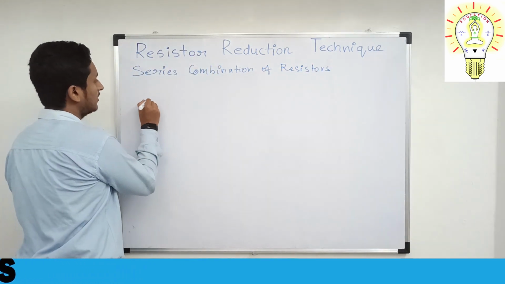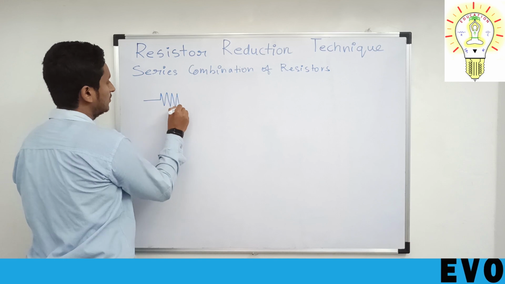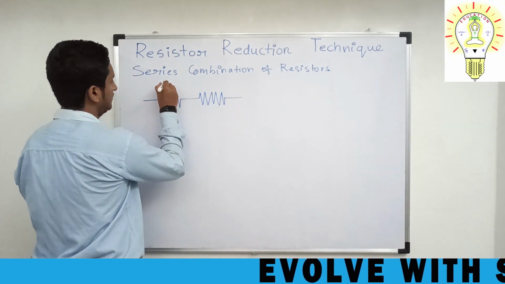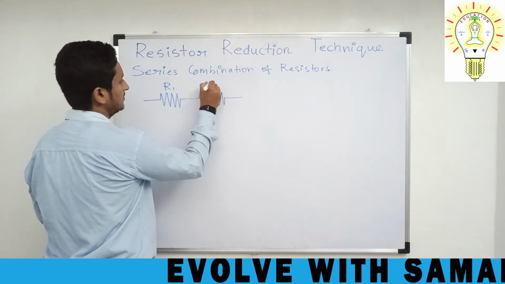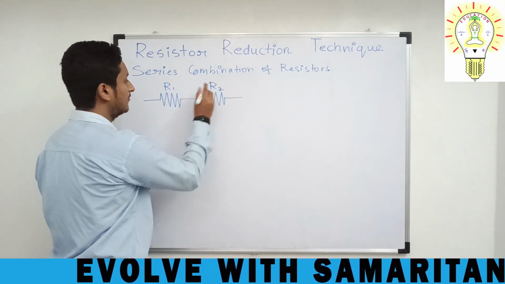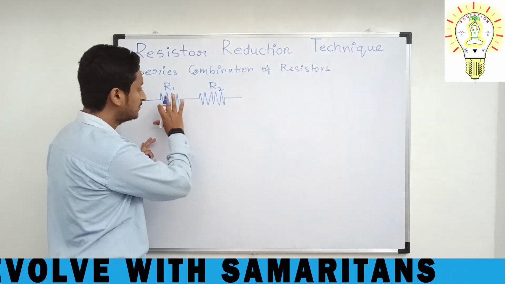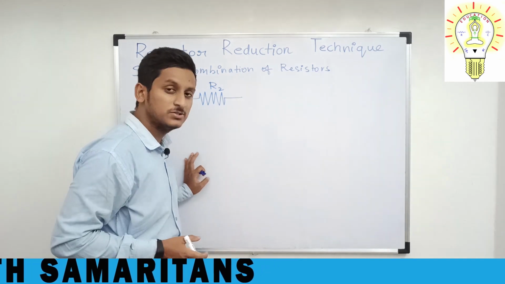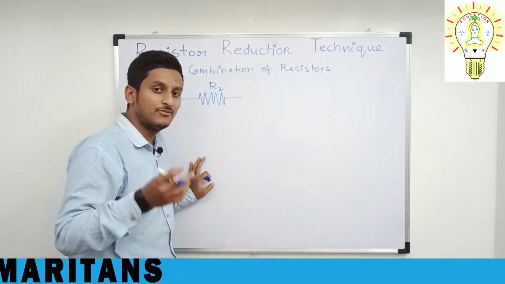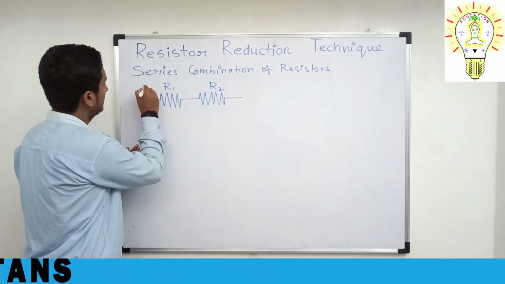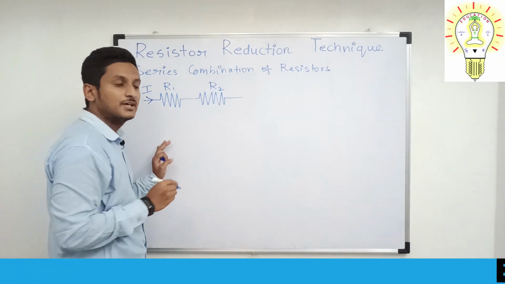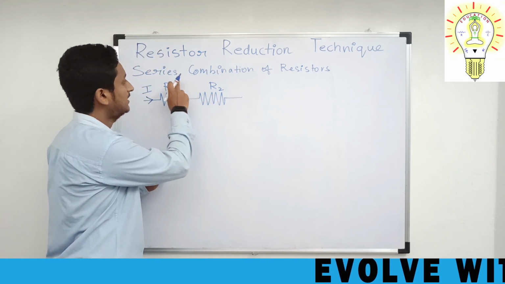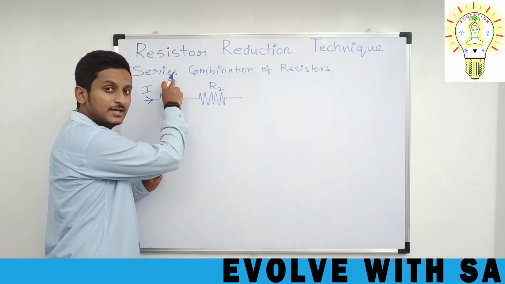Now whenever two resistors R1, R2 are connected one after the other, then this part is called a series combination, or else we can also say if I enter a current I from here, the current which flows throughout the circuit should be equal. So then we can say that the resistors are connected in series.